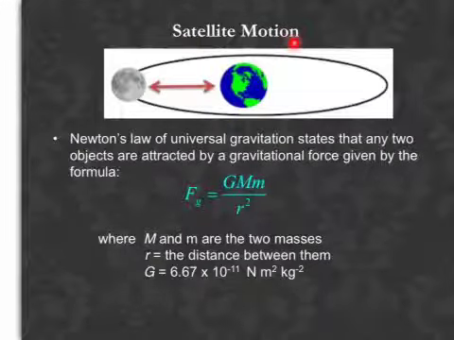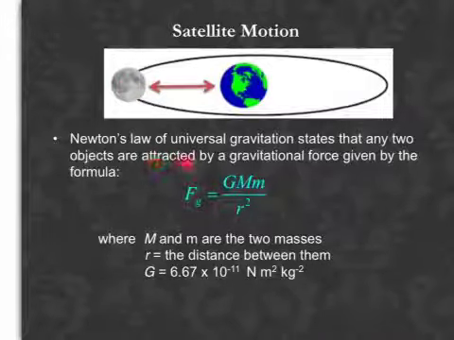Satellite motion, which is also circular motion, as you can see here. The moon is orbiting around the Earth. Newton's law of universal gravitation states that any two objects can be, say, a chair and a table. Yourself and a chair. It doesn't have to be two planets or satellites.